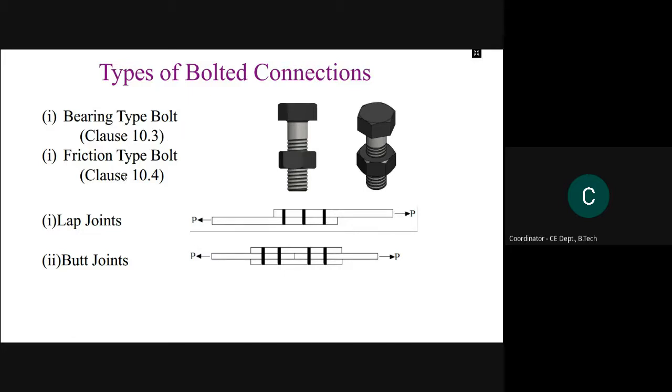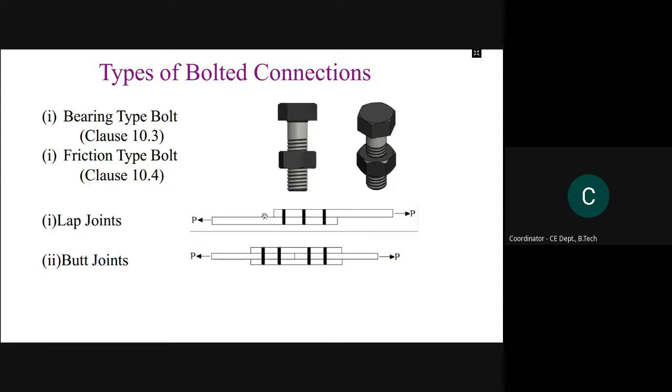Next is the friction type bolt, given in clause 10.4 in IS 800 2007. These are basically used to connect two plates.